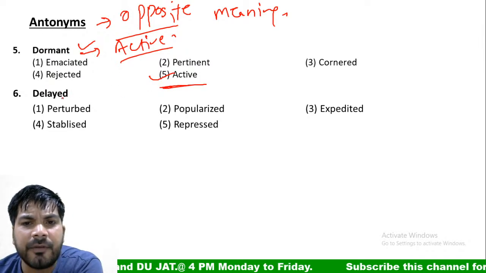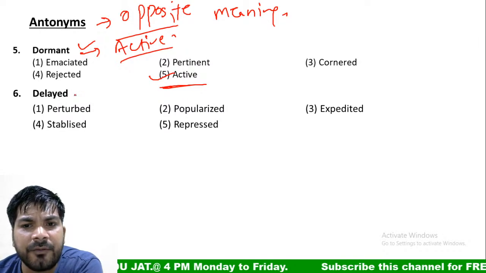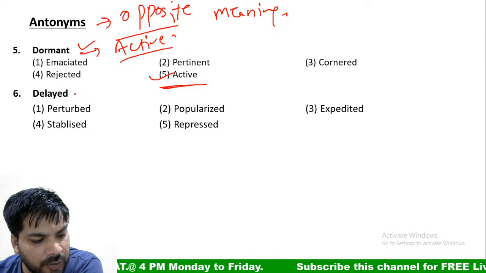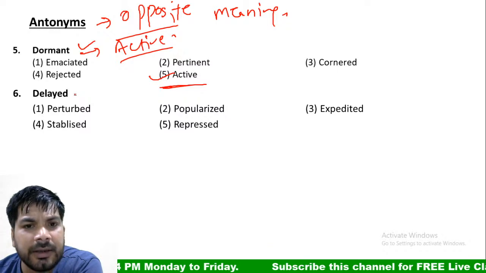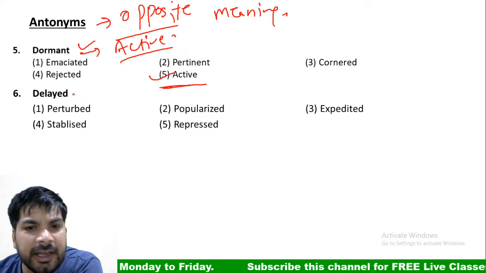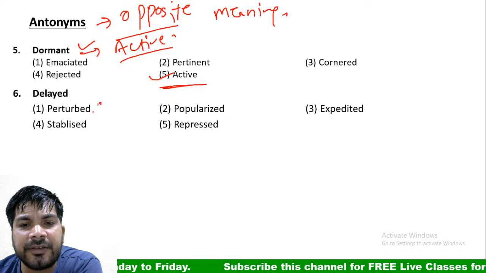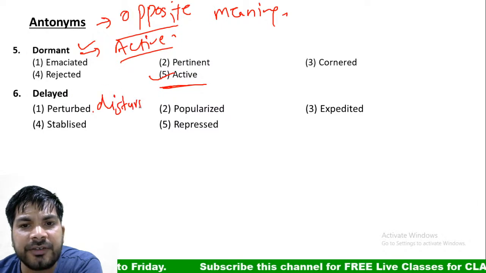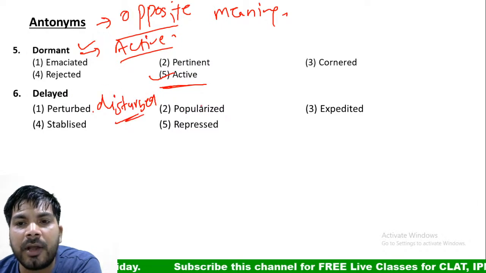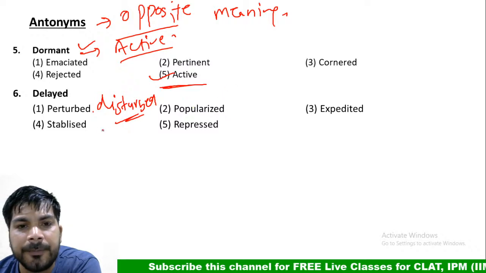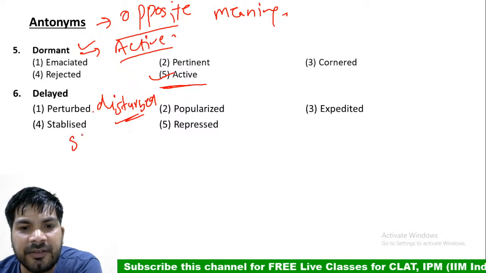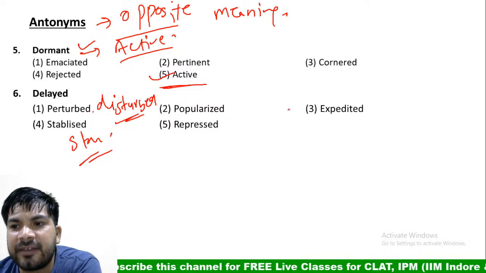Now delayed. When we talk about delayed, that means something which is not happening at the right time. So the opposite of delayed should be what? Perturbed means disturbed. So obviously disturbed cannot be an opposite of delayed. Popularized means making popular. Stabilized means being stable. Repressed and expedited.